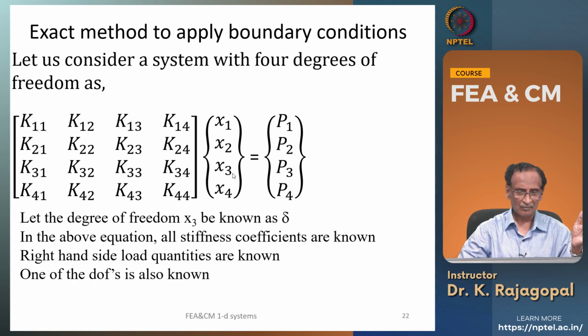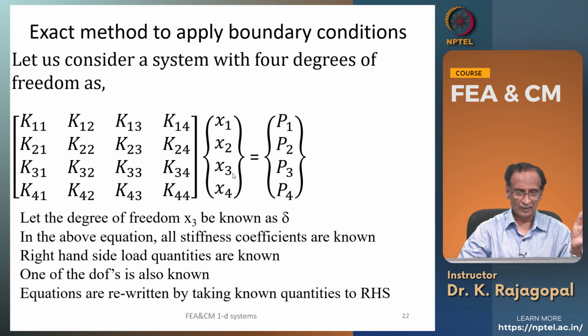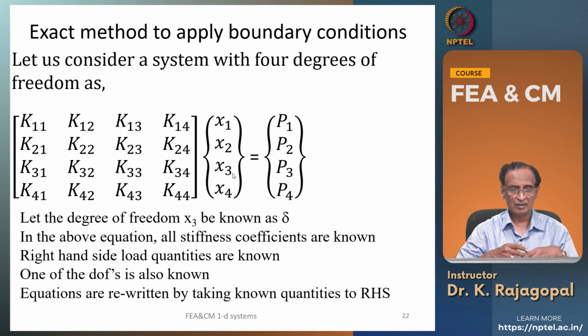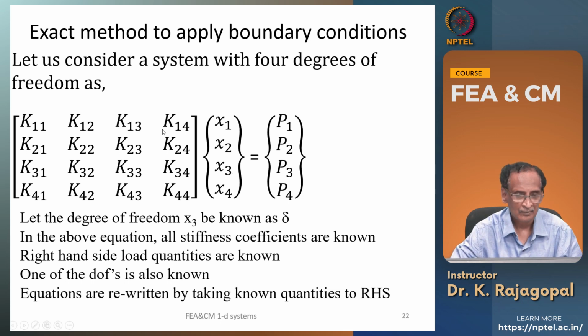And so we can rewrite this system of equations by sending all the known quantities to the right hand side. Since x3 is known and k13 is known, we can take the product of k13 and x3 and send this to the right hand side, and that will belong to degree of freedom 1. So, it should go to the right hand side in row 1.